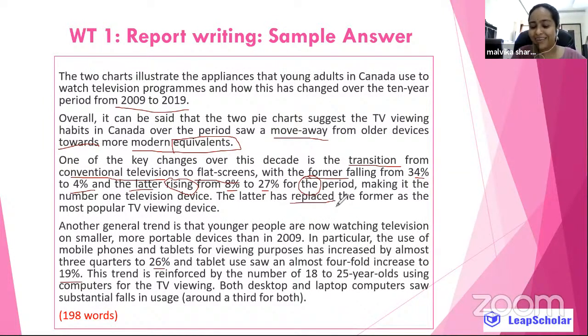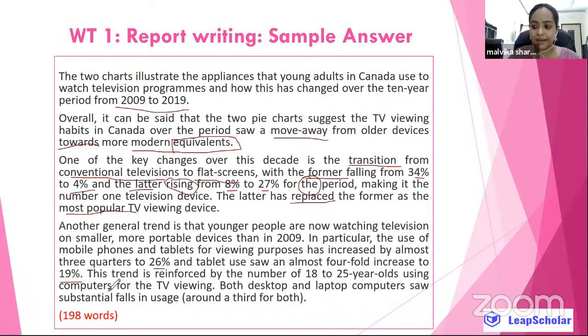See the use. It has completely taken over the former conventional method. So the latter has replaced the former as the most popular TV viewing device. Got my point? This is how we come up with our body paragraph data. Okay? Now let's move on to the fourth one.